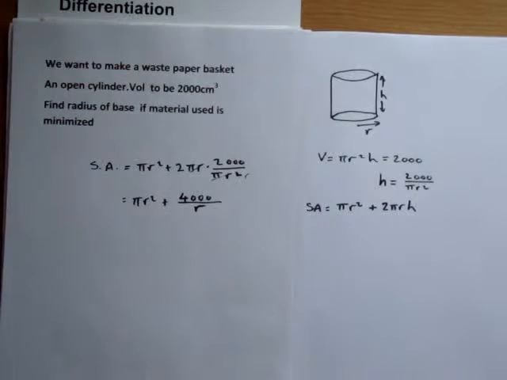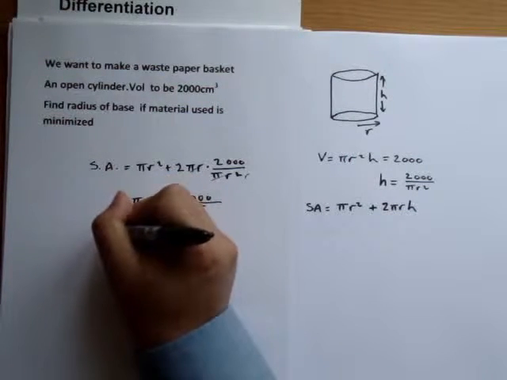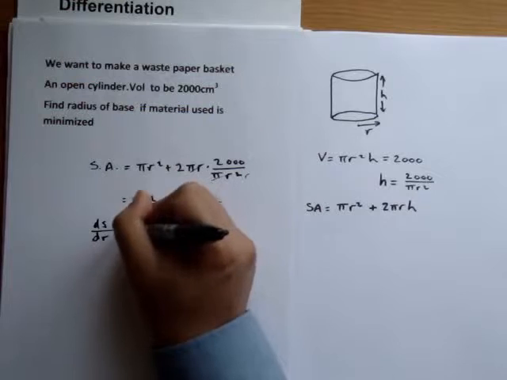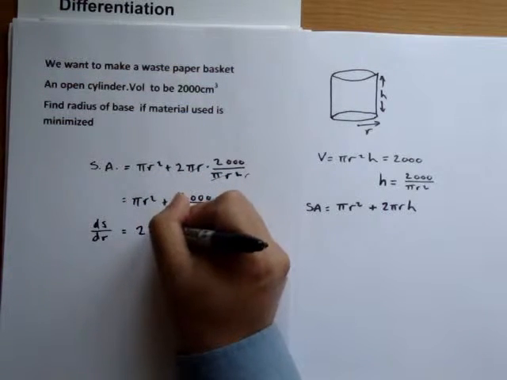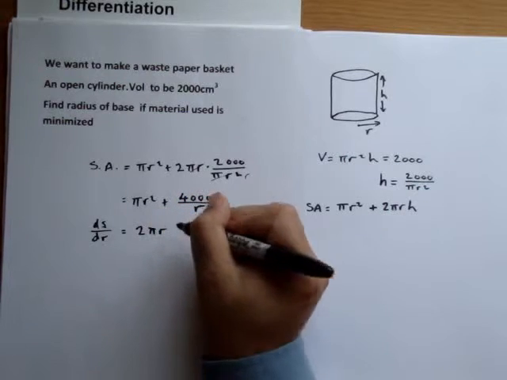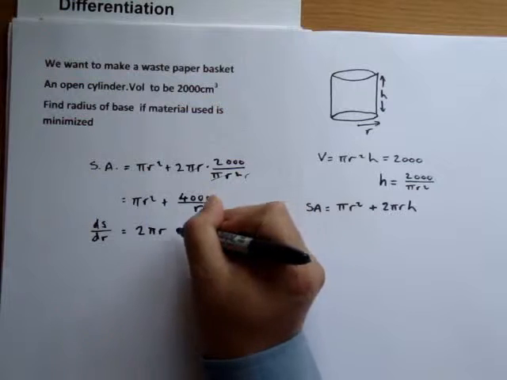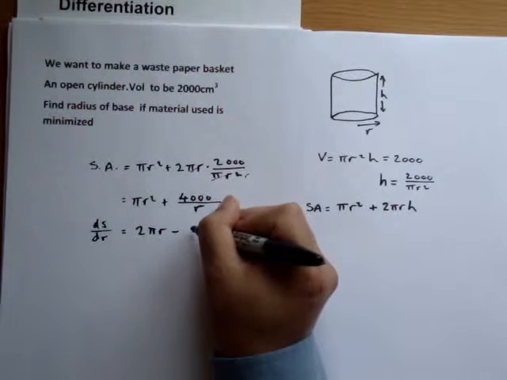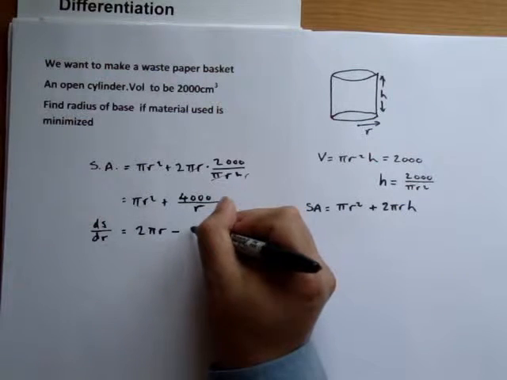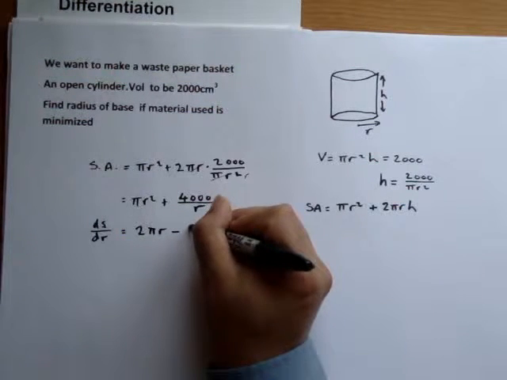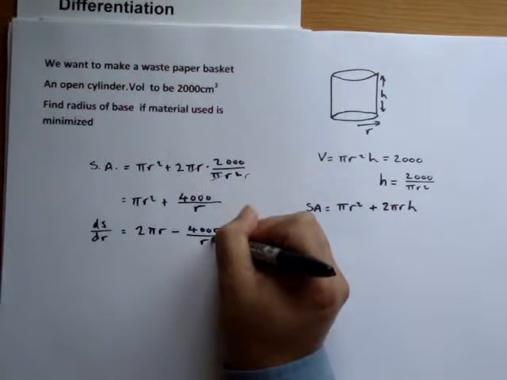So now we differentiate. We have dS by dr equals, bring the 2 down, 2 pi r, and then minus, when we differentiate it, taking the 1 over r as r to the minus 1, minus 4000 over r squared.